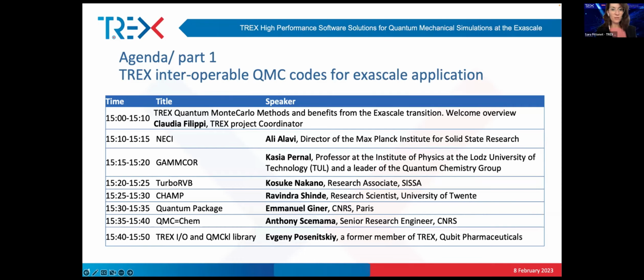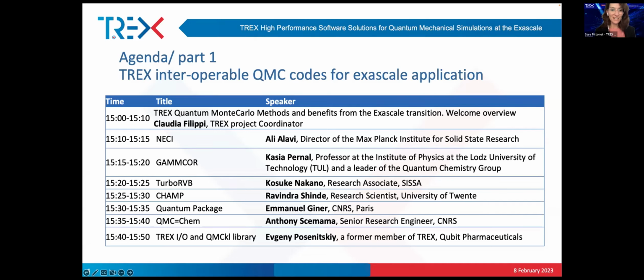Kasia Bernard, Professor at the Institute of Physics at the Lodz University of Technology, Kousuke Nakano, Research Associate at the SISSA School, Ravindra Shinde, a Research Scientist at the University of Twente. Unfortunately, Emmanuel Giner could not be with us today due to an unforeseen health issue.